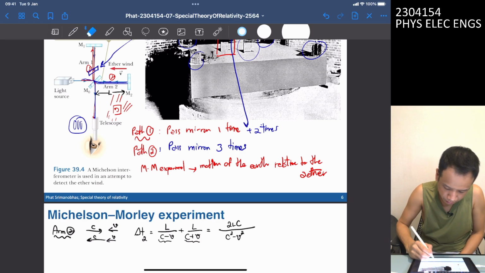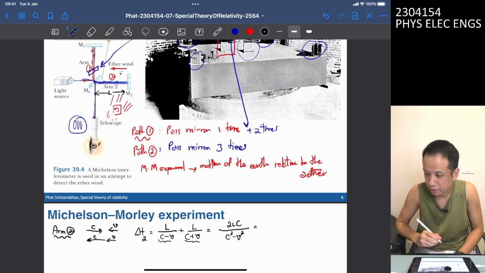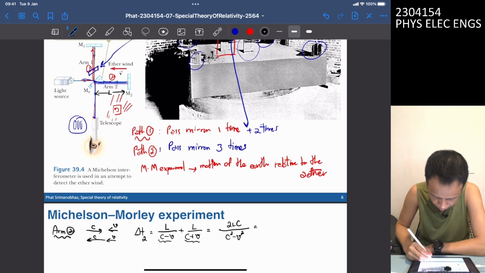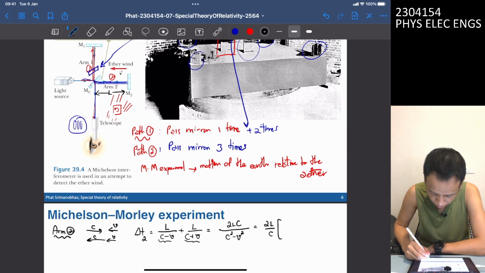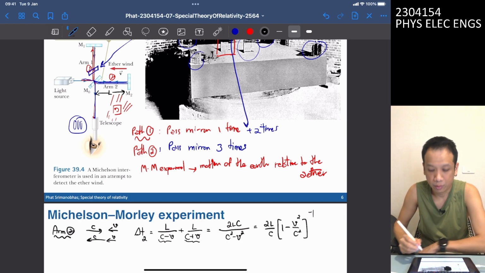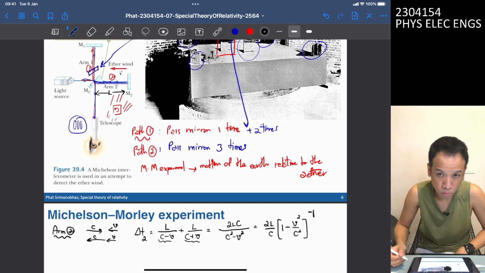And then we arrange the terms a bit. This is just to make it easy for the later calculation, so don't worry if you don't think about that. It's just arranging the terms. So we get 1 minus v square over c square to the power of minus 1. Okay, so this is on arm 2.